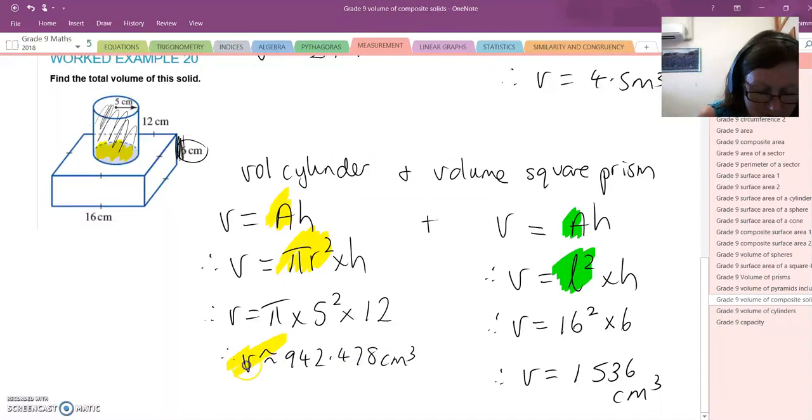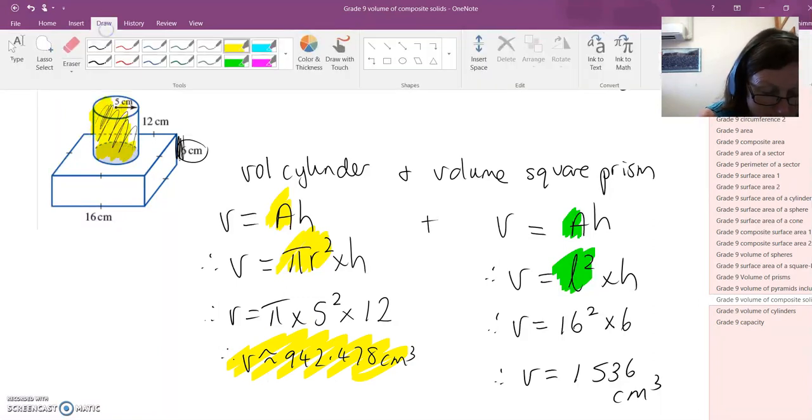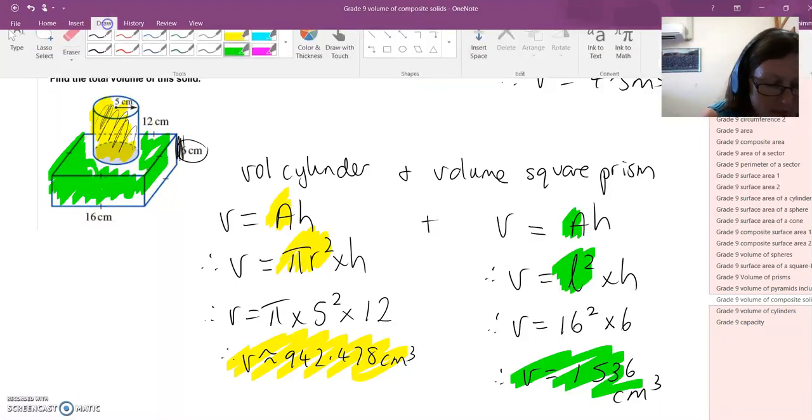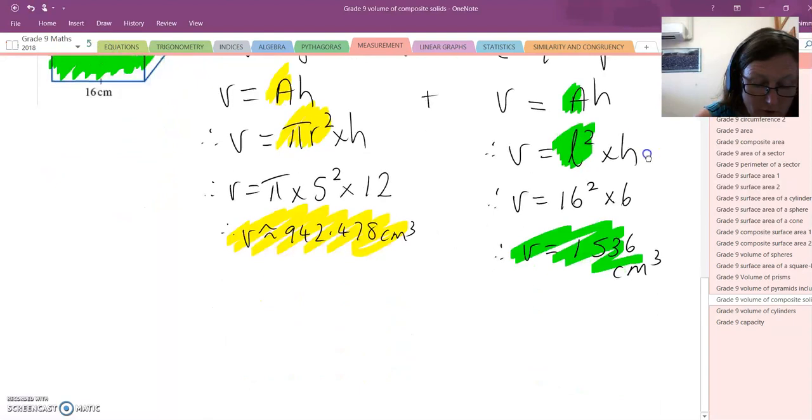This first volume is the volume of our cylinder. The second volume is the volume of our square prism down here. We add the two together and we get the total volume.